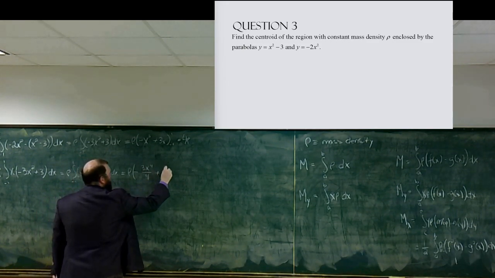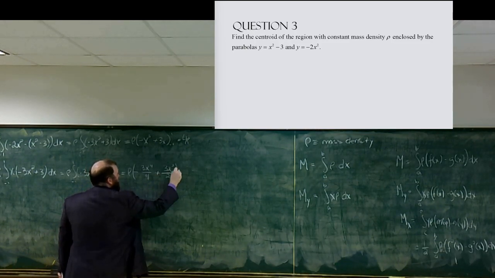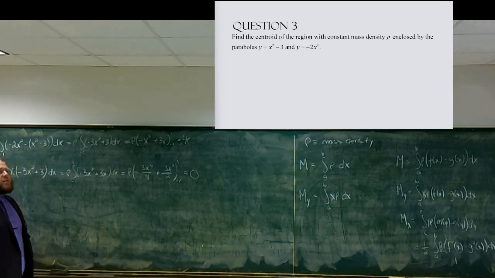Plus 3x squared over 2. From minus 1 to 1. That is a big goose egg.